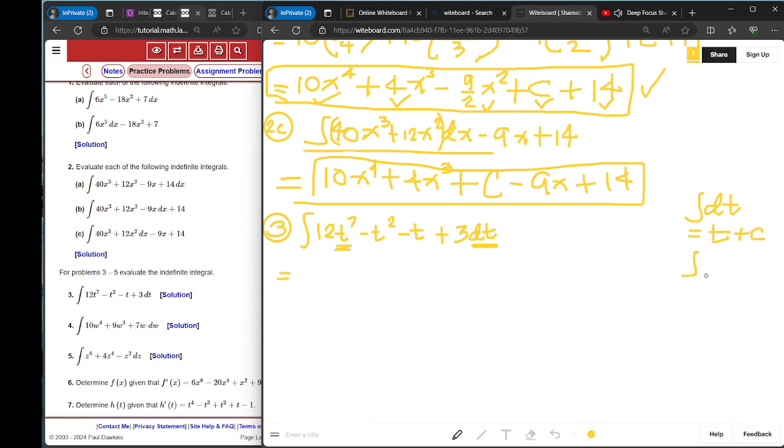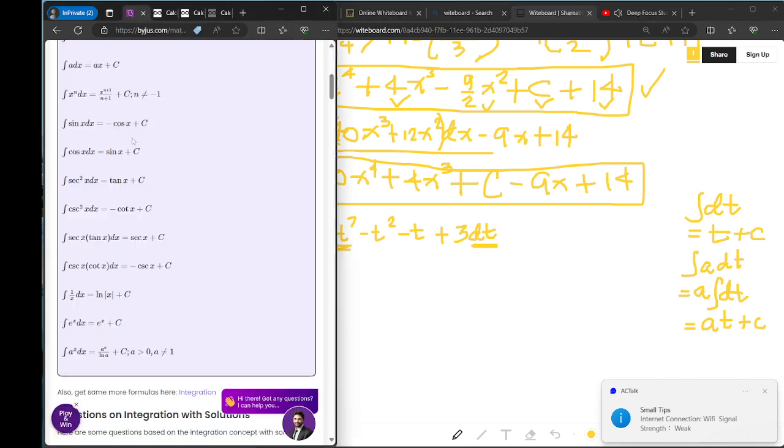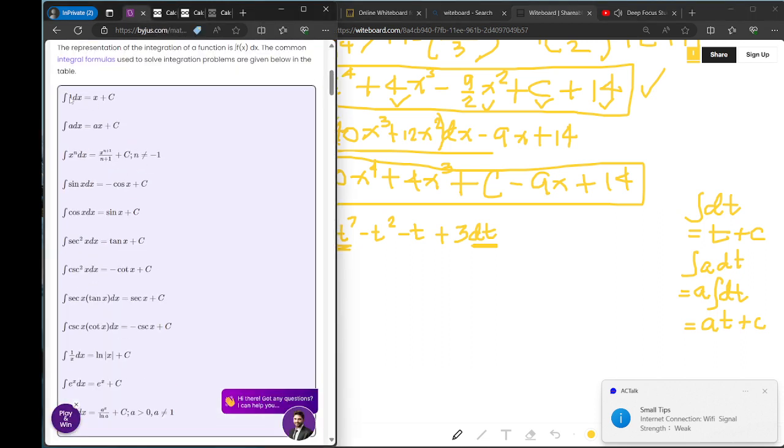Then the integral of a dt is equal to a times the integral of dt, or just a times t plus c. Since we are only dealing with the first three characteristics or properties here.